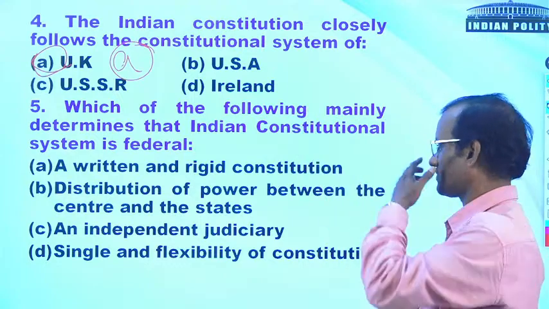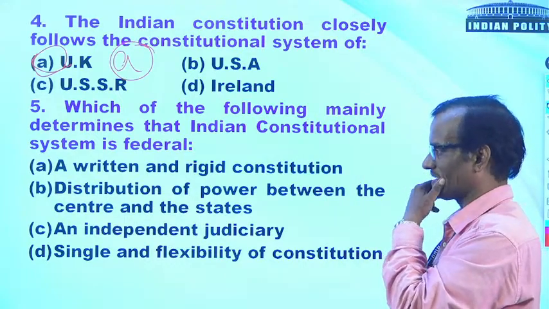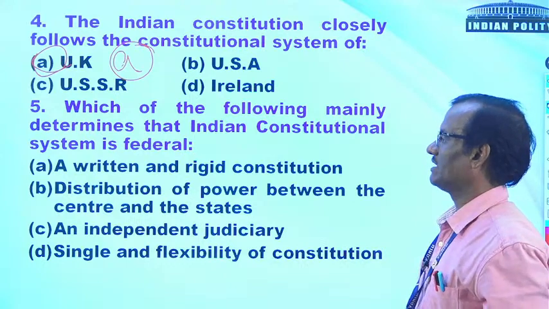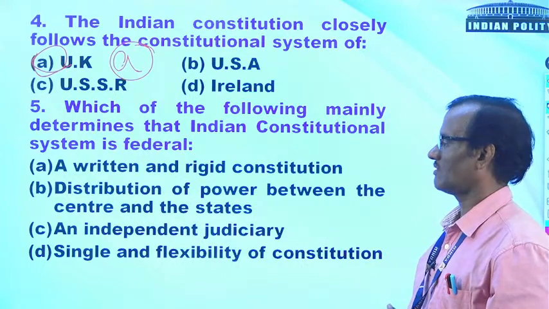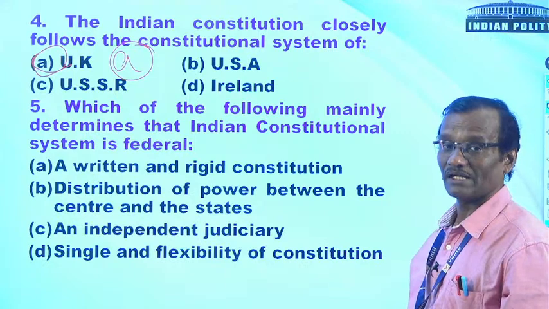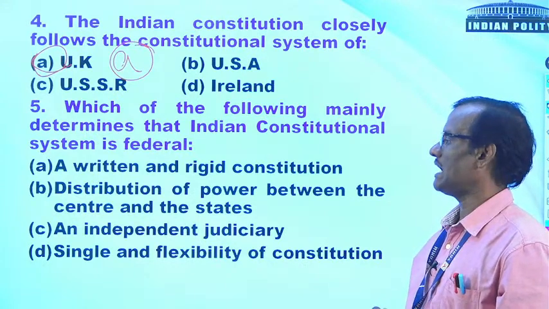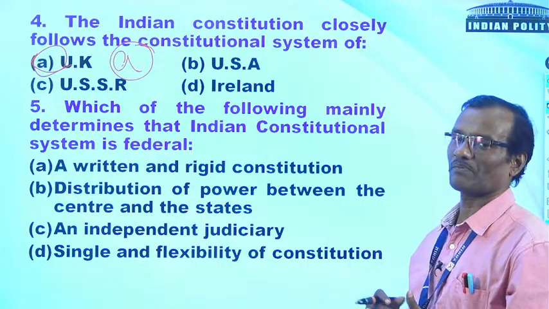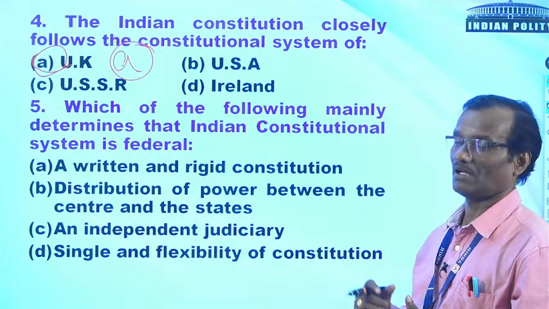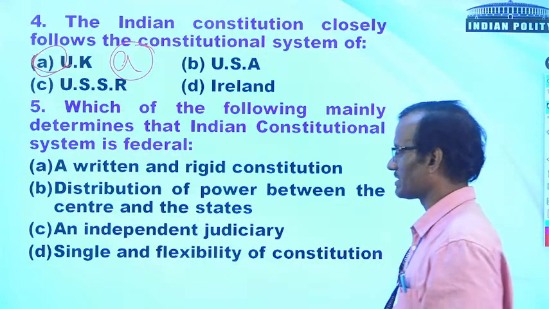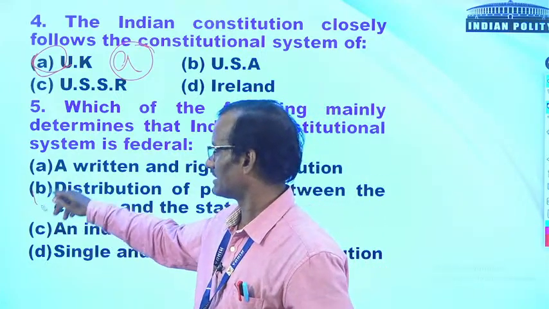Distribution of powers between the center and states, that is a major aspect. If you talk about federation, we must keep in mind that there is a division of power. And that is the core principle of a federation. So division of power, that is there, B.